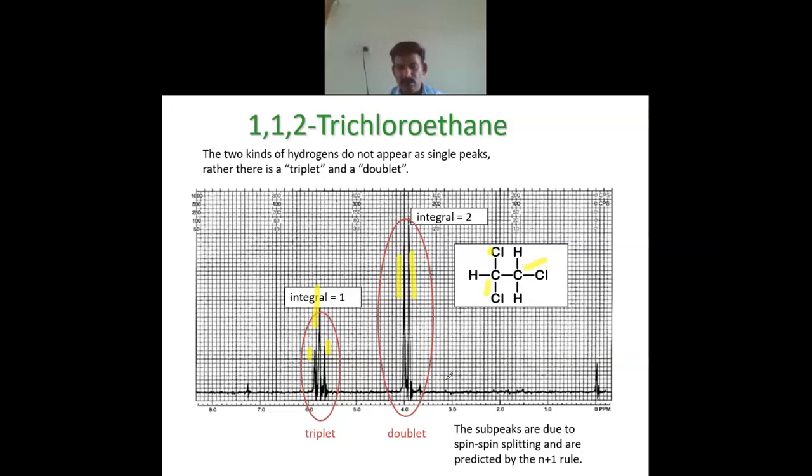This is the 4 and this is the 6. So like this we can identify the compounds and the number of protons present in the given molecule. Okay, this is the chemical shift effect in some of the compounds.